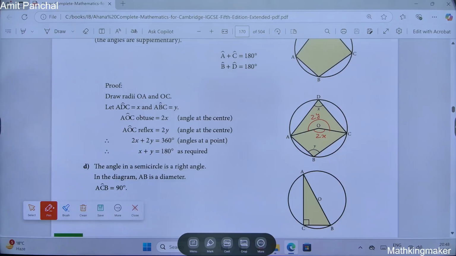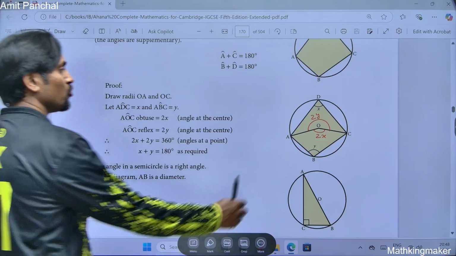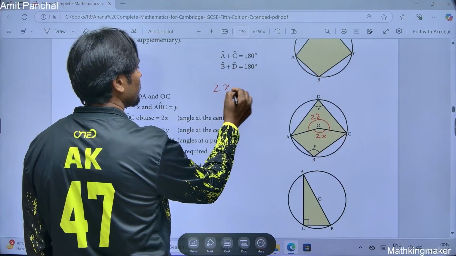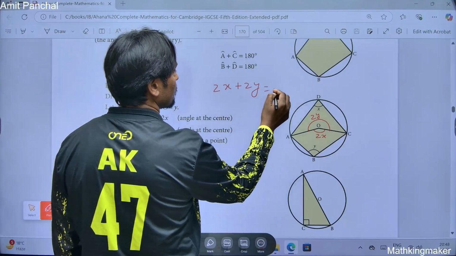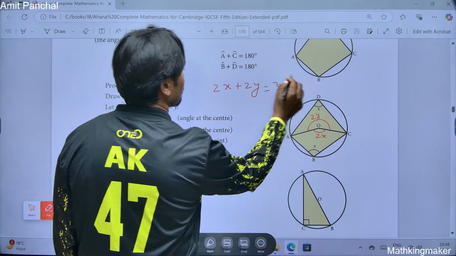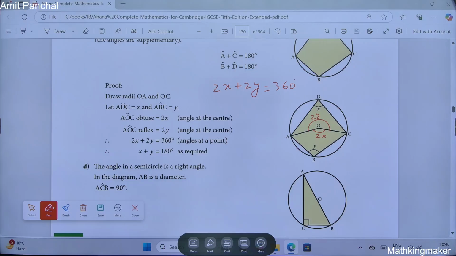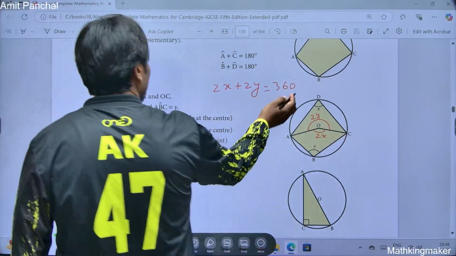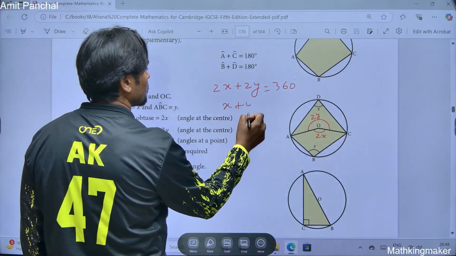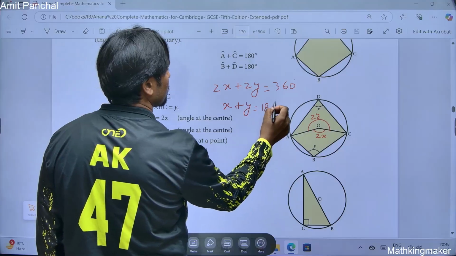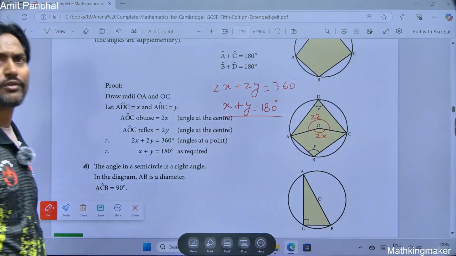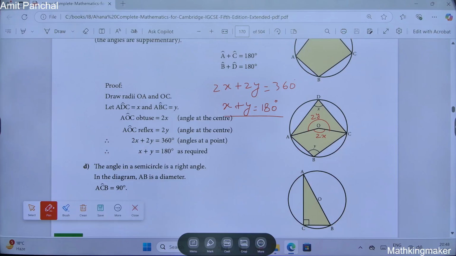So if you add these, 2x plus 2y, how much do you get? 360. And how much is x plus y? Just divide by 2, and you get x plus y as 180. Now it is proved. Okay, got it now?